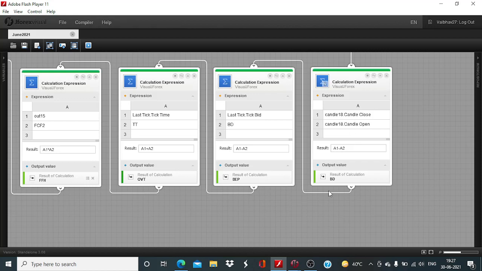So here, this output, the difference between the candle 18 close and candle 18 open should have been multiplied by another variable 0.5, and after that we would have got the half of the difference, and that needs to be deducted.